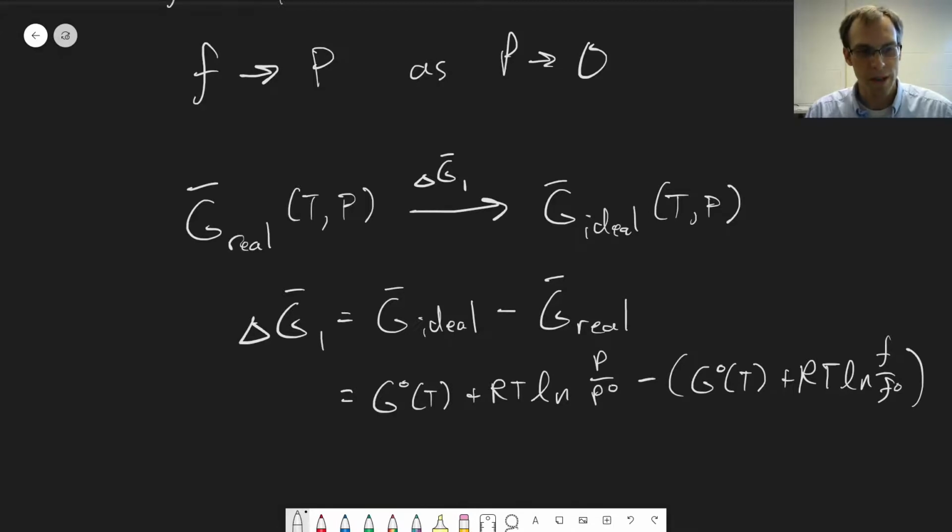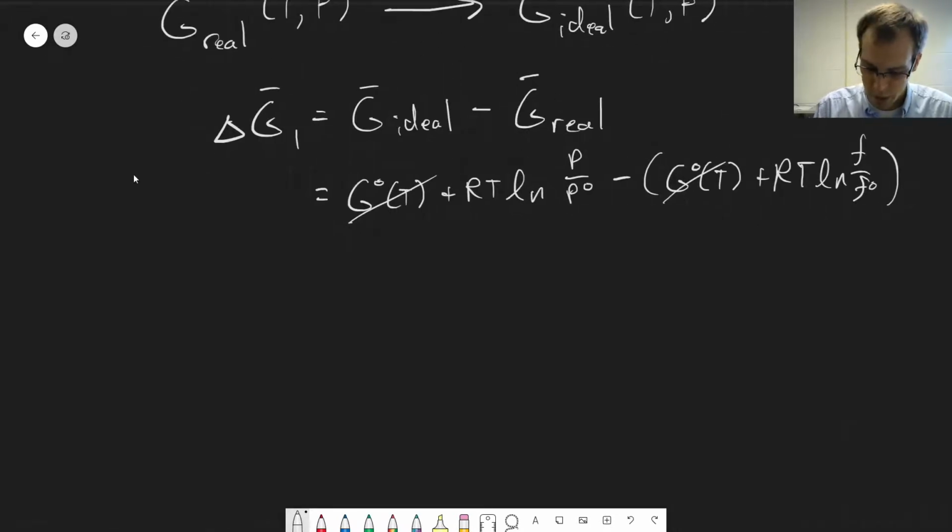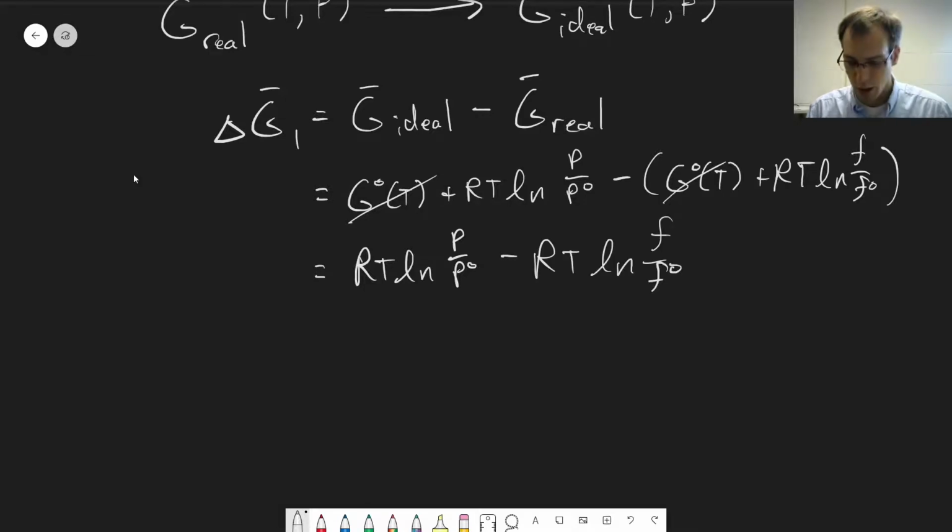Now we can simplify this a little bit. Our G naughts are the same for both of these cases. So we will get RT log P over P naught minus RT log F over F naught. But remember, P naught and F naught down here are the same.